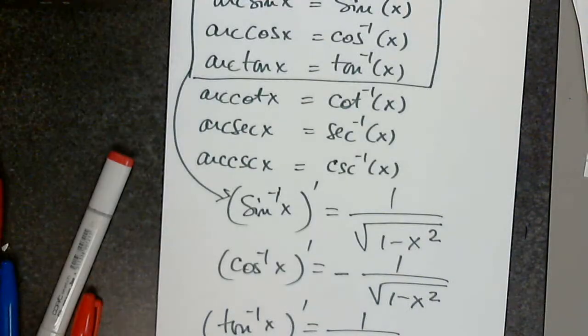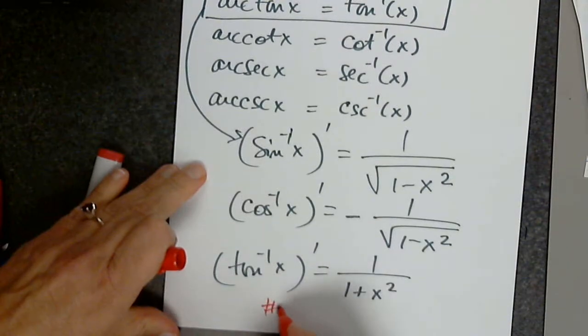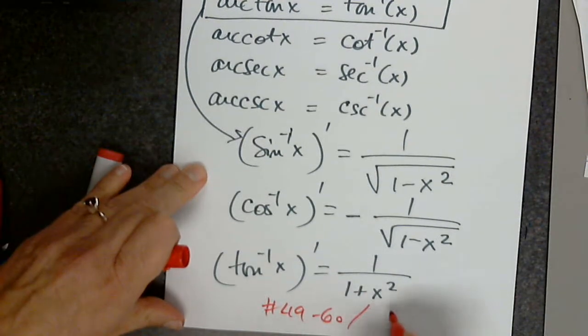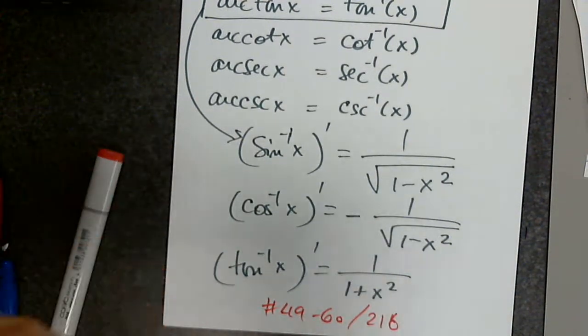Okay. And I would like to look here, problems 49 through 60, and choose a problem that has any of those 3 inverses, either sine inverse or cosine inverse. One more time, page 216. So problems 49 through 60 on page 216.